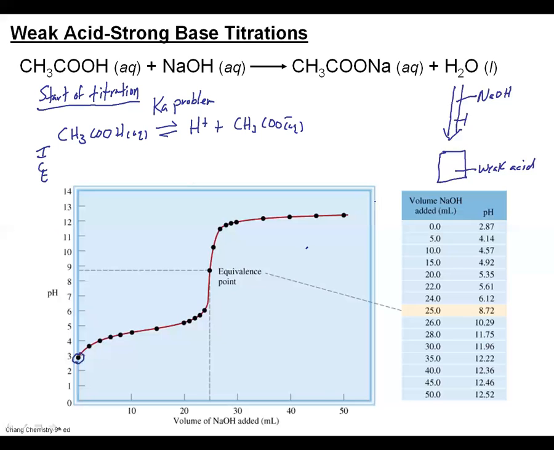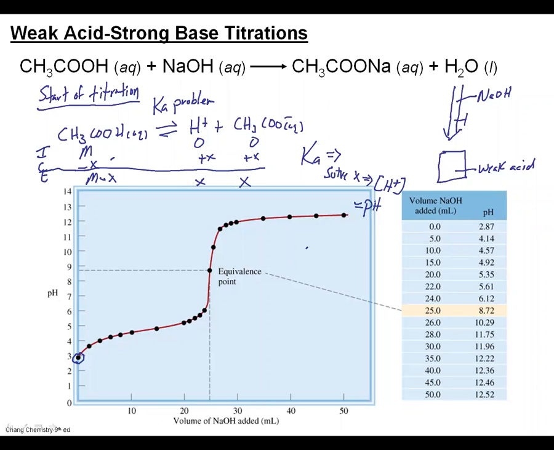We would use X's here, which means at equilibrium, we would have the molarity minus X, X, and X. We would go into our Ka. We basically would solve for X. And X would equal the H plus concentration. And then that would get us to the pH at that point.